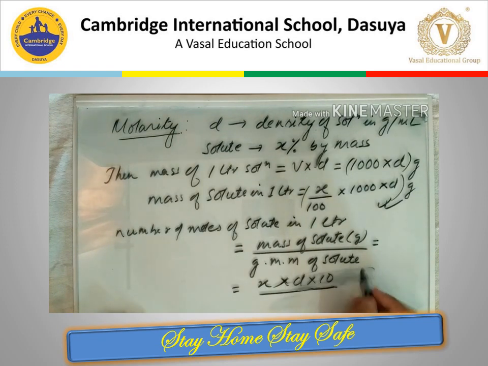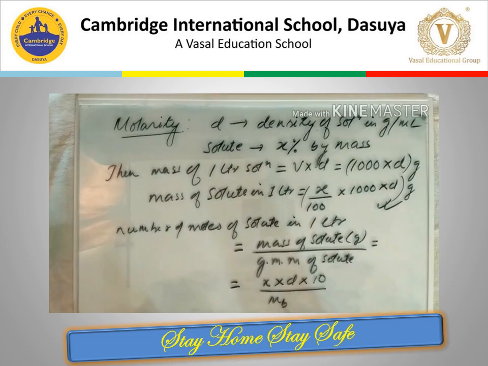The molar mass of the solute here is mb. So the number of moles of solute in 1 liter comes out to be x into d into 10 upon mb.